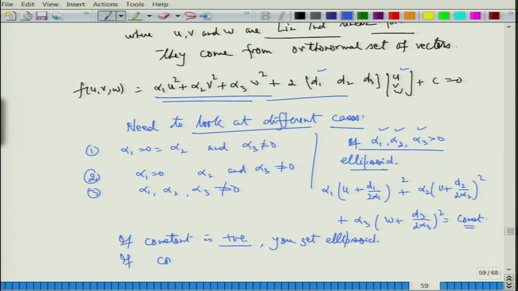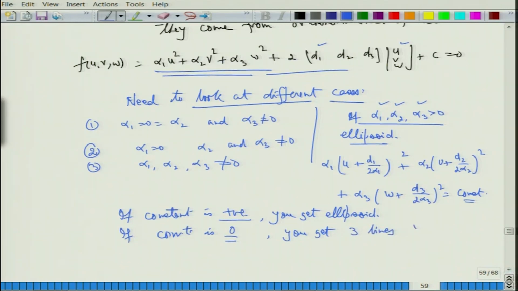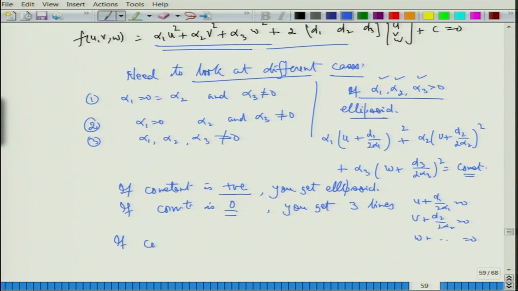If the constant is 0, fine, you get 3 lines: u plus d1 upon 2 alpha 1 is 0, v plus d2 upon 2 alpha 2 is 0, and the third one. So, you get a point of intersection of those lines. Third one, write yourself, d3 plus something is 0, you will get it. If the constant is negative, no solution.